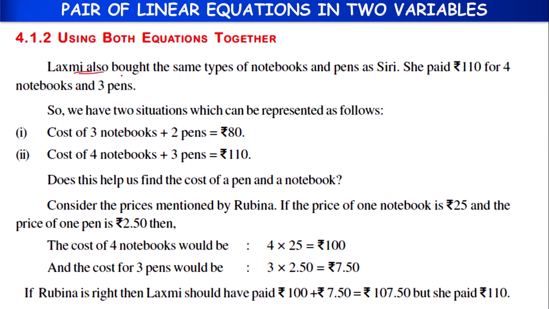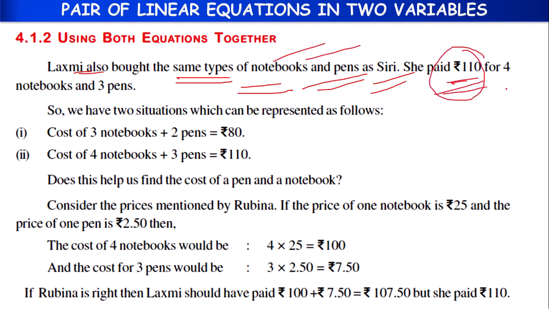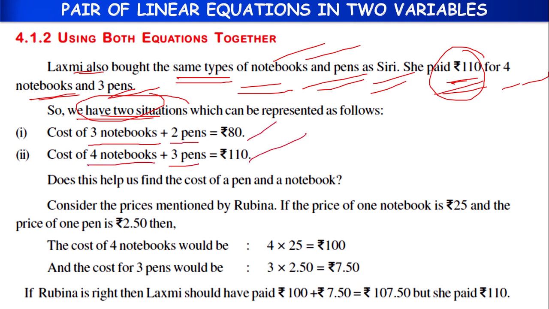Lakshmi also brought the same types of notebooks and pens as Siri, so the cost will be the same. She paid rupees 110 for 4 notebooks and 3 pens. So if we observe the two situations: 3 notebooks plus 2 pens, 80 rupees; 4 notebooks, 3 pens, 110 rupees.